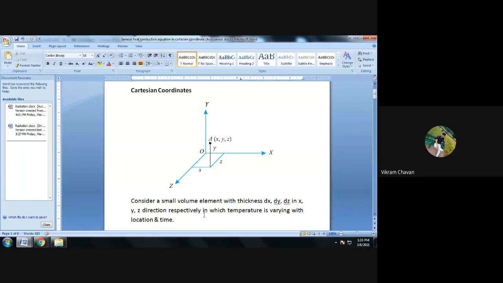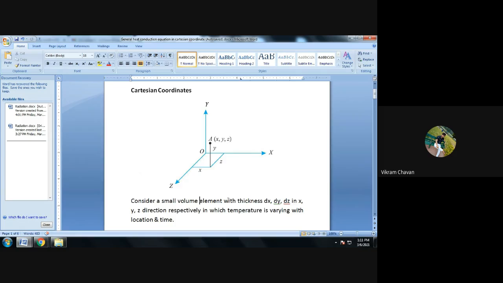So for that reason we have to consider one infinitesimally small volume element, which is having the thickness dx in x direction, whereas in y direction it is having the thickness of dy, and in z direction it is having a thickness of dz. So consider a small volume element with thickness dx, dy, dz in x, y, z direction respectively.